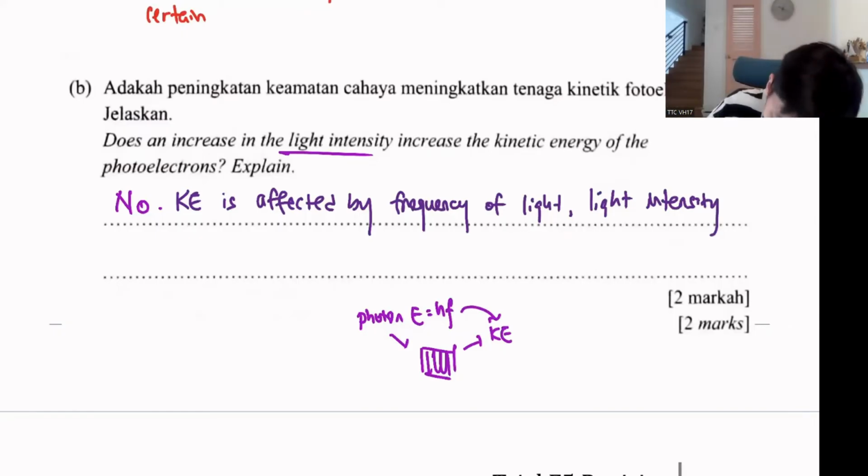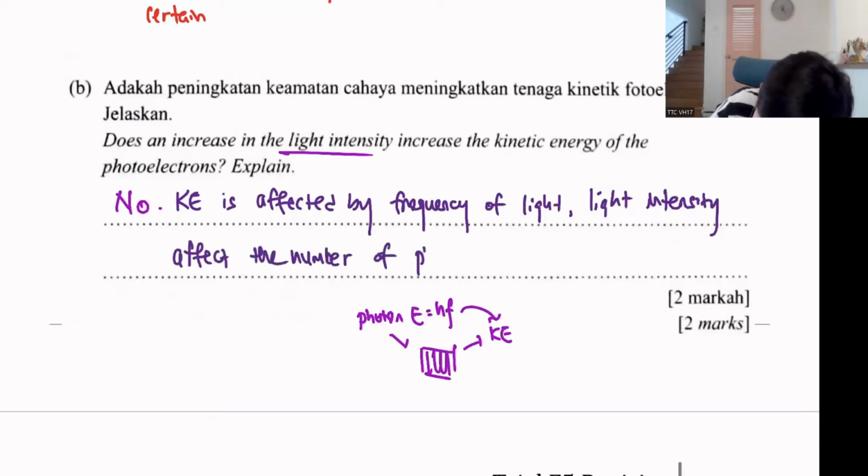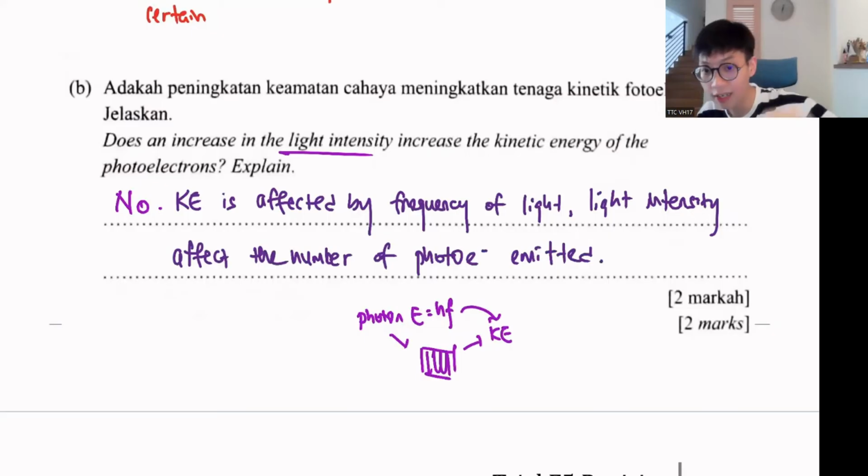So light intensity affects the number of photoelectrons emitted. If you have more light, then you will have more photoelectrons. Okay?